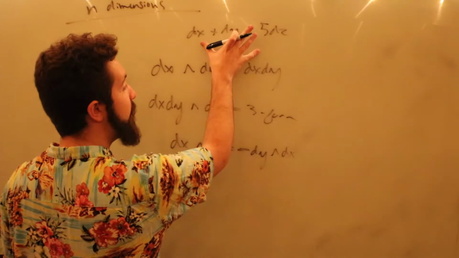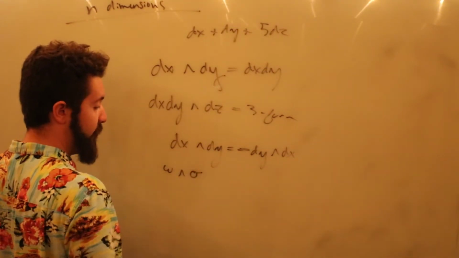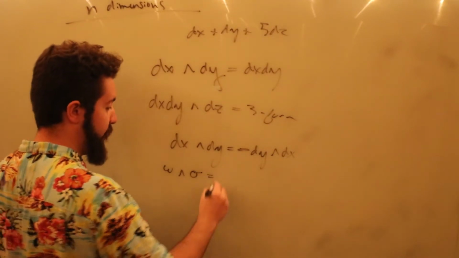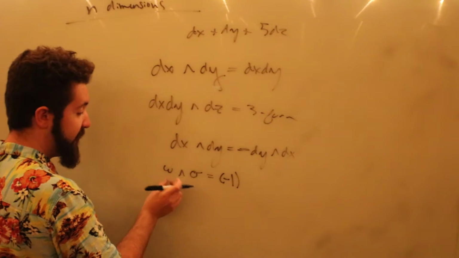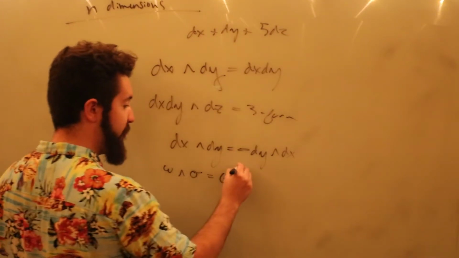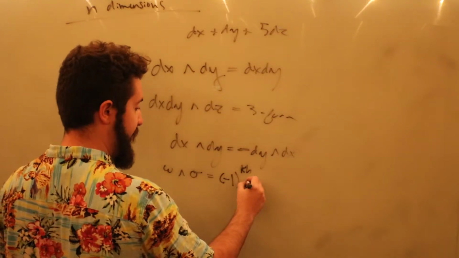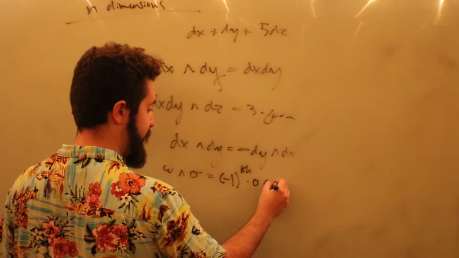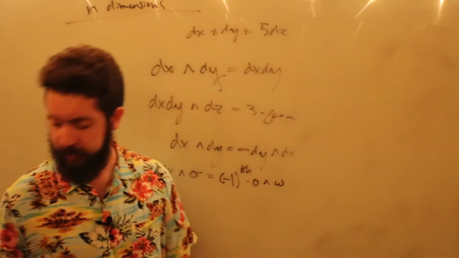This is still a 1 form, so I'm just saying a general form wedge another general form is going to be equal to negative 1 to the power of, so if this is a k form and this is an h form, negative 1 to the power k times h, and then times sigma wedge omega. So that's the way that multiplication with these works.